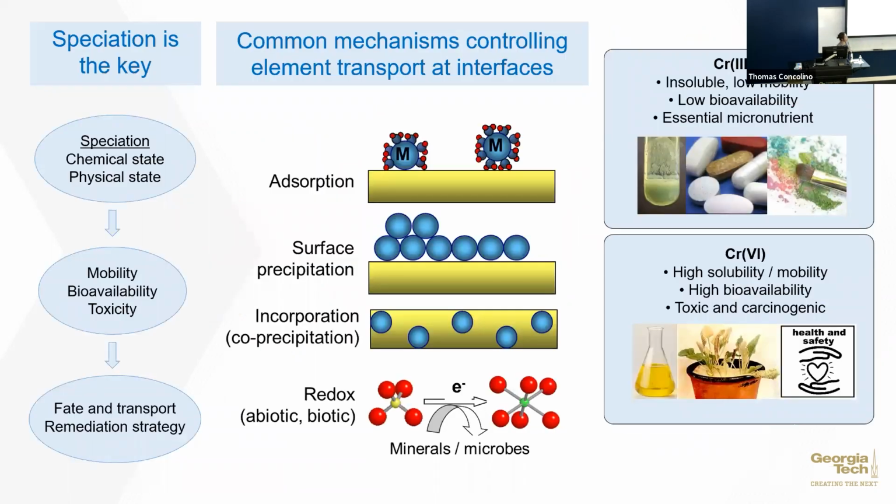First, I want to define a little bit of terminology, which might be more familiar for those who work with natural systems, where we look at speciation. By speciation, we're defining the chemical and physical state of an element. The chemical state would include mineralogy, phase, oxidation state, and local coordination environment, and the physical state would be their correlation with other materials or elements, such as their association with specific elements or mineral phases.